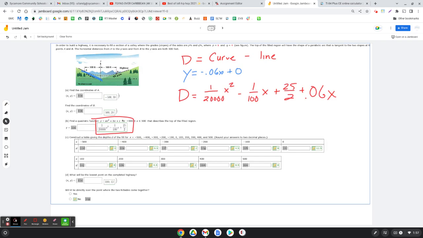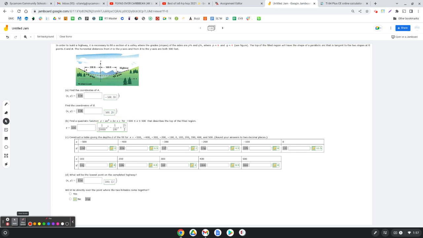What will be the lowest point on the completed highway? Notice that matches up with, okay, to do that, we got to find the derivative. So let's now go into part D, okay?